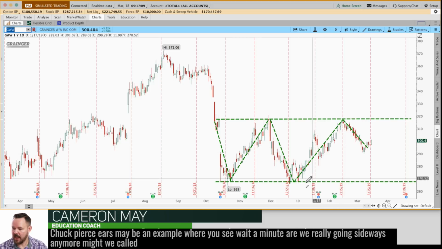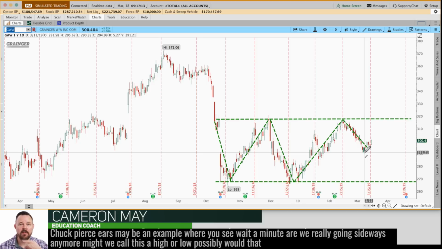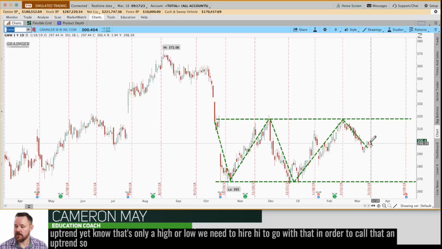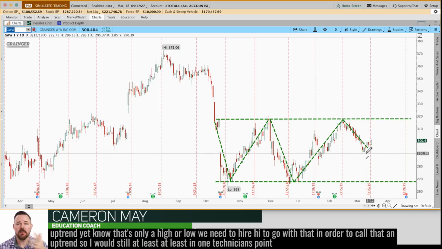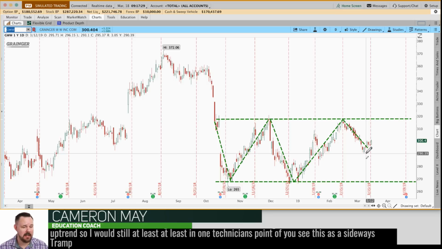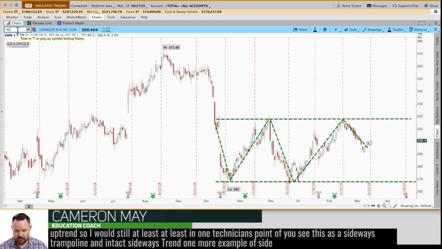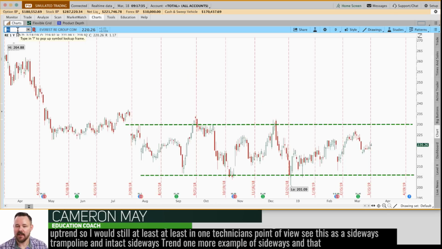Might we call this a higher low? Possibly. Would that reclassify this as an uptrend yet? No, that's only a higher low. We need a higher high to go with that in order to call that an uptrend. So I would still, at least in one technician's point of view, see this as a sideways trend, an intact sideways trend.